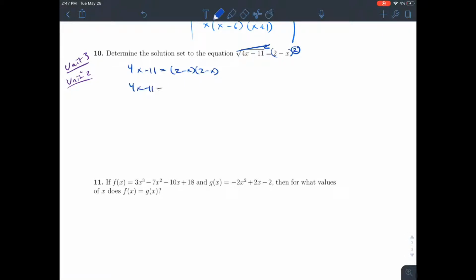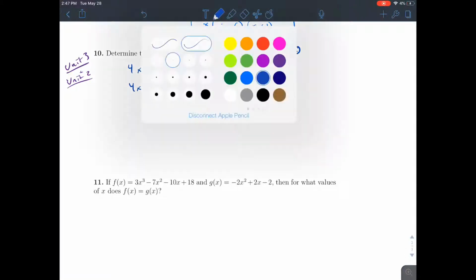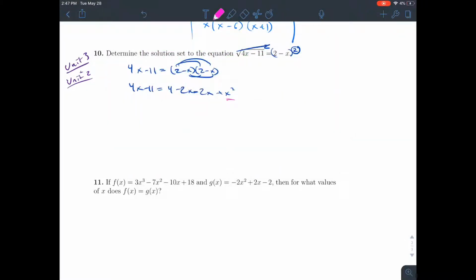We get 4x minus 11 is equal to 4 minus 2x plus x squared. Now seeing this mix of x squared and x terms hints that we probably will need some tool like factoring or sum and product, which is a type of factoring, I guess, to solve this one.